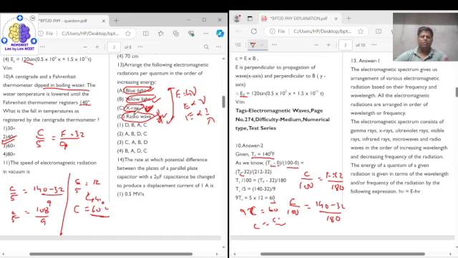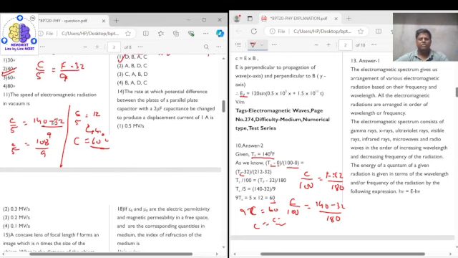So the correct answer will be D B A C, option 1, right? So the correct answer for question number 13 is option 1.